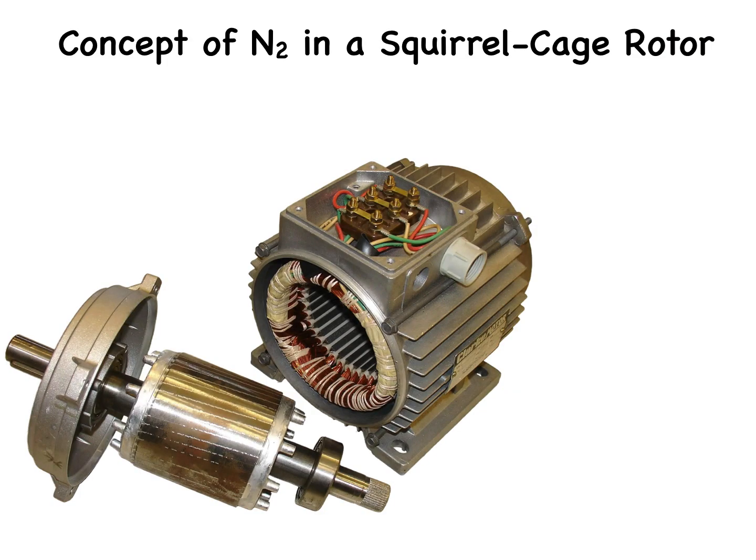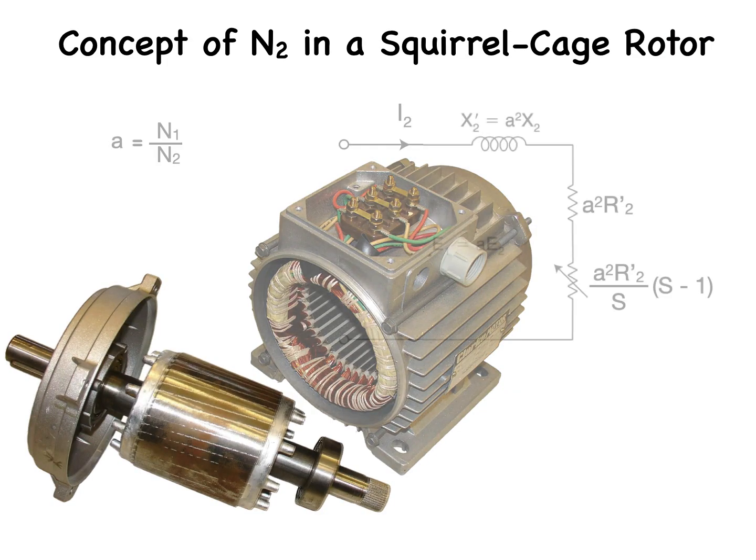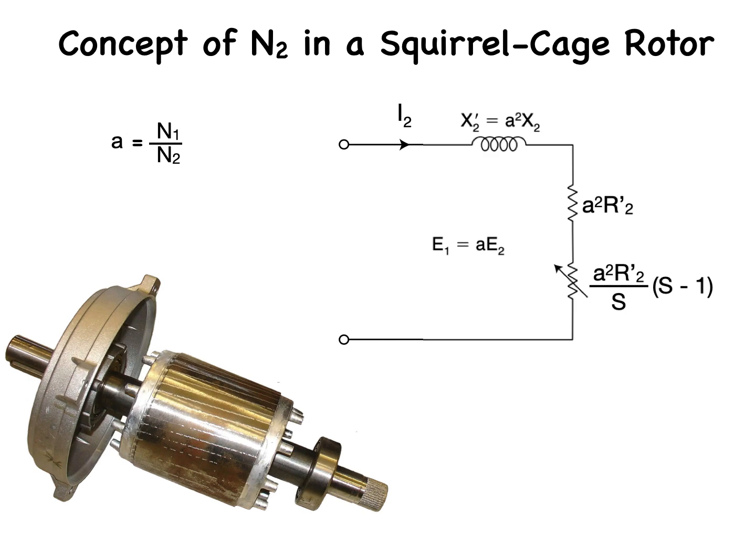Even though a squirrel cage rotor has bars instead of coils, mathematically we can still treat it as if it were a wound rotor with a certain number of effective turns. The effective turns, N2, are defined so that the air gap magnetomotive force, MMF, produced by the squirrel cage equals the MMF that would be produced by a wound rotor with N2 turns carrying the same current.